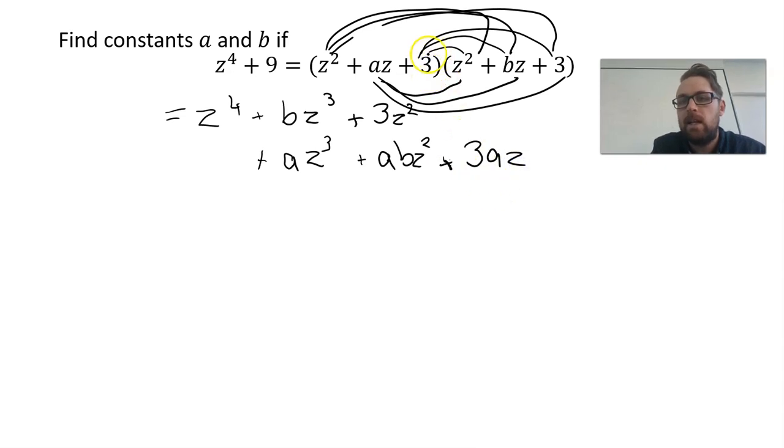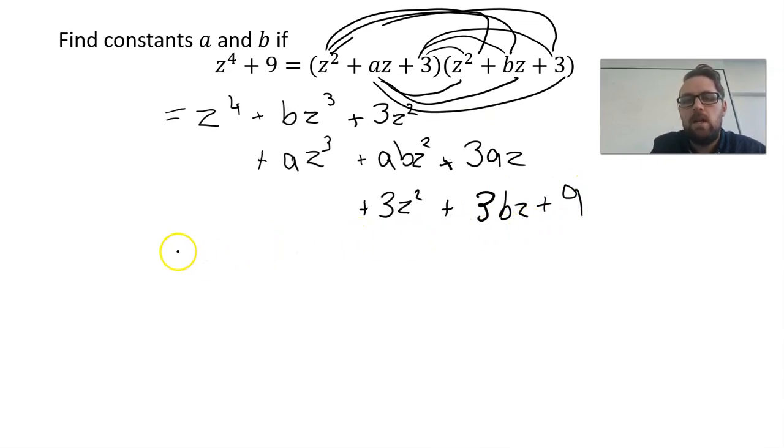Last but not least, we do 3 times z squared, which gives positive 3z squared, plus 3 times bz, 3bz, plus 3 times 3 is 9.